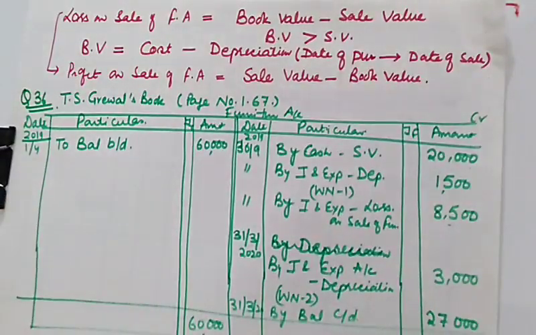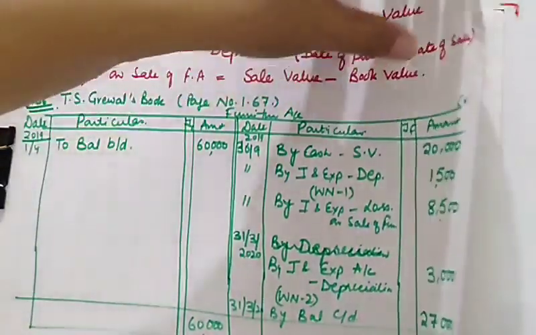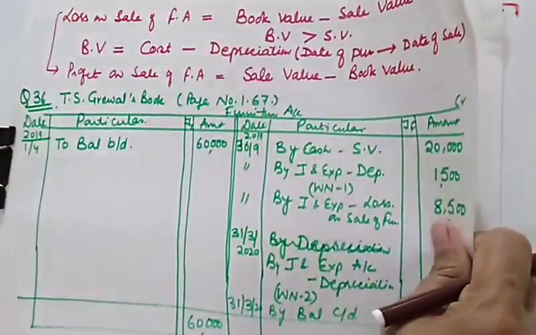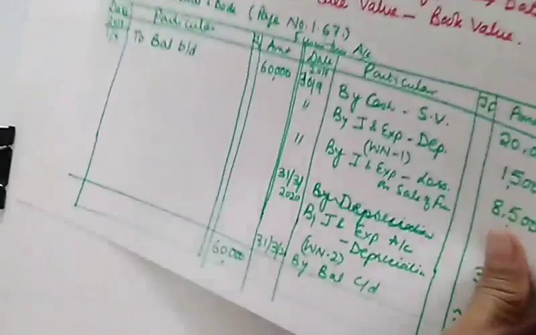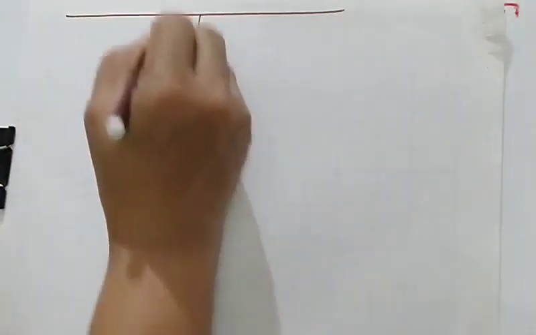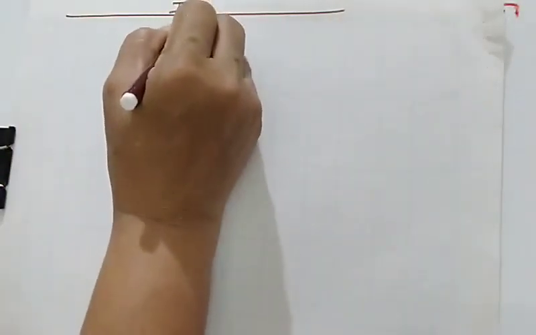And now we will be learning how this is to be shown in the income and expenditure account. So let us show this in the income and expenditure account. This is an extract of the income and expenditure account.